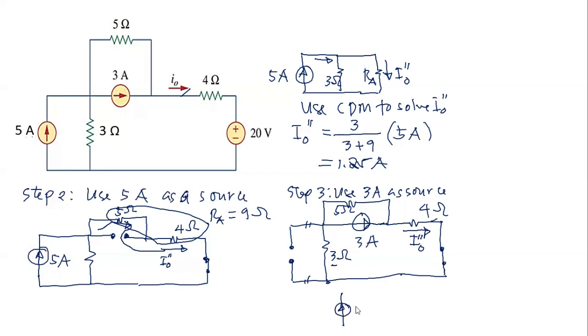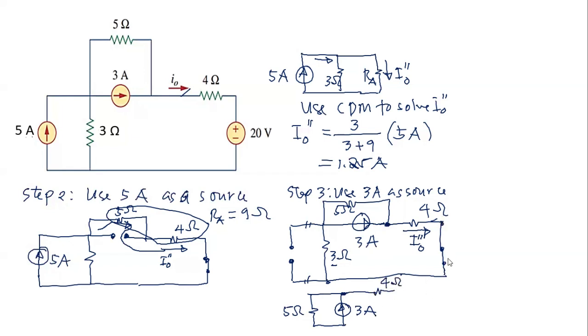So we have here, this is the 3 amperes. And this is its parallel resistor. And then you look at here next, this point. So what is connected at this point? It's the 4 ohms.